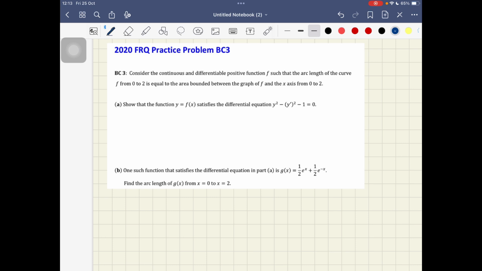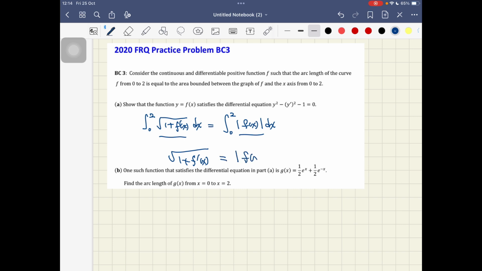The arc length of the curve from 0 to 2 of the square root of 1 plus f prime of x squared dx equals the area bounded, the integral from 0 to 2 of f of x dx. Since these two are equal, we can say the square root of 1 plus f prime of x squared equals f of x.